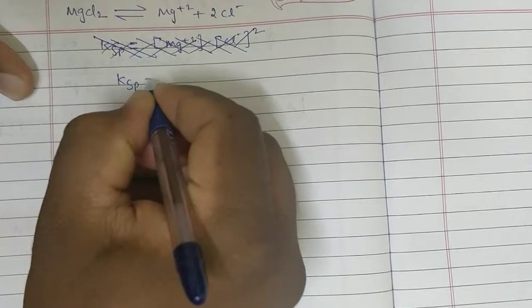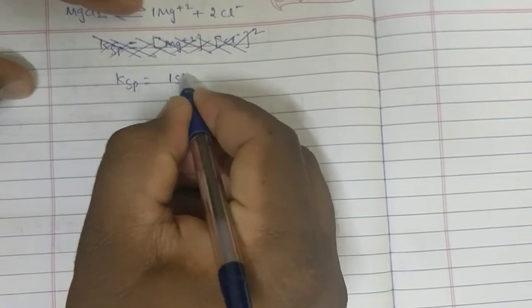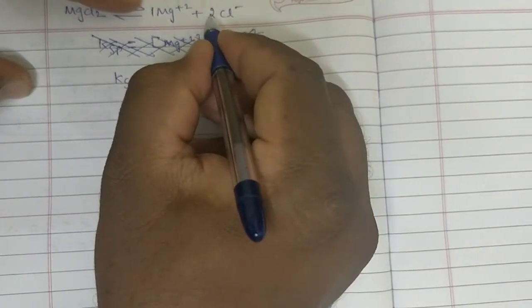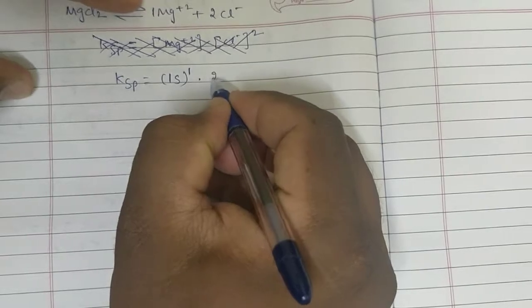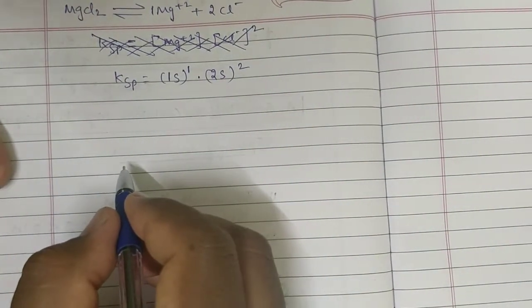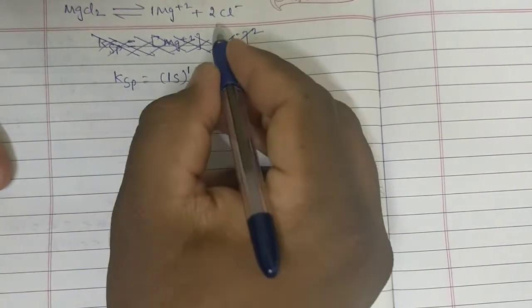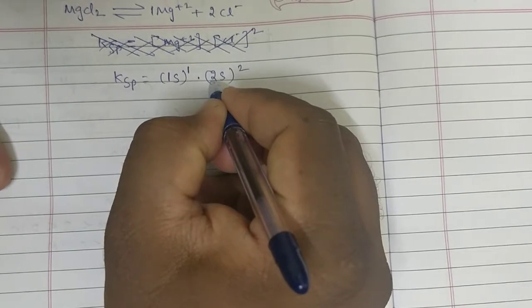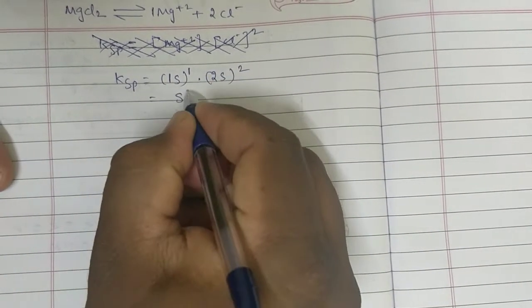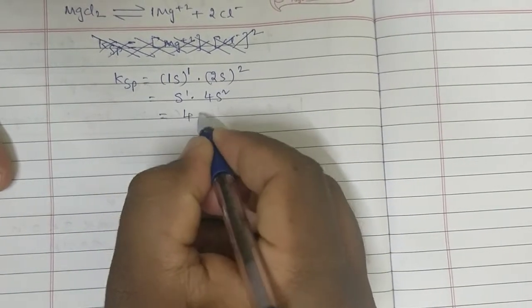KSP is equal to: what is the coefficient of Mg plus 2? 1. So 1S power 1 into, what is the coefficient of Cl minus? 2. So it becomes 2S power 2. Here 1S power 1 is S power 1 into 4S square, which is 4S cube.